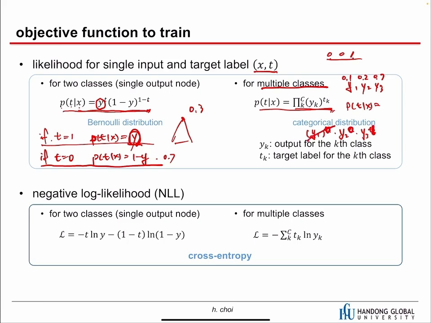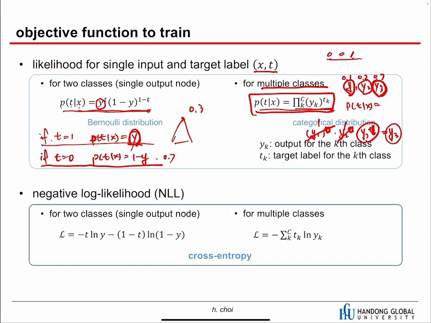So this one is 1, and this one is 1, and this one is y3. So the probability of the 3rd class is y3, the probability of the 1st class is y1, and the probability of the 2nd class is y2.